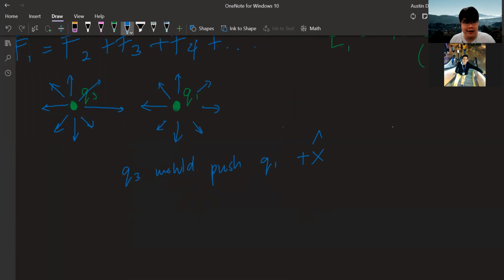Okay? And Q1 would push Q3 to the negative x hat. Okay? So, ano nangyayari? May repulsion ba sila? Okay, it would seem that yes. Di ba? Kasi Q3 would push this guy to the right and Q1 would push Q3 to the left. Okay?